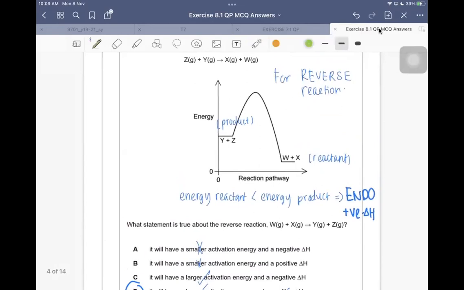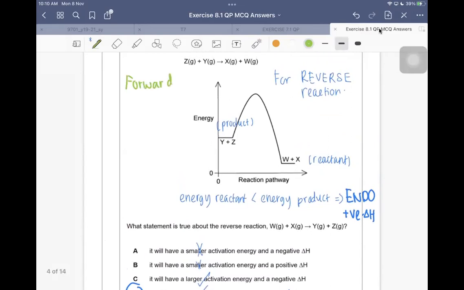Okay, I need to color code this. So for the forward reaction, I will use green. Okay, forward reaction, I'm starting from Y plus Z here, and then I'm going up. So that means that is my activation energy for forward, in green.